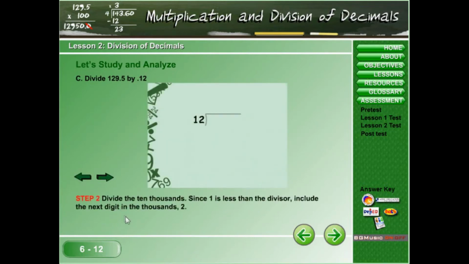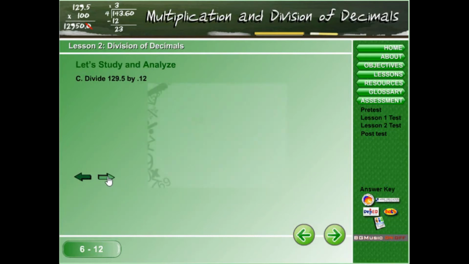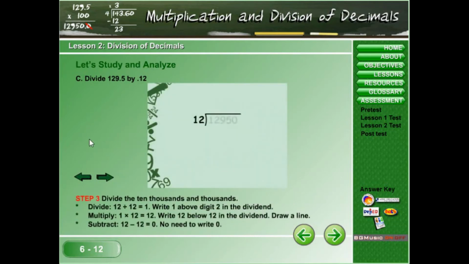Step 2. Divide the 10,000s. Since 1 is less than the divisor, include the next digit in the thousands, 2. Step 3. Divide the 10,000s and thousands.